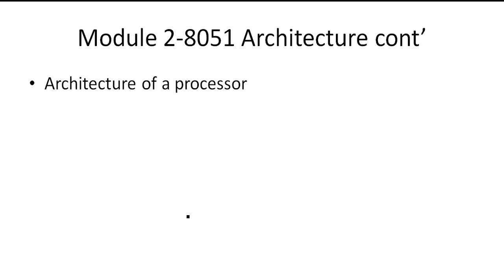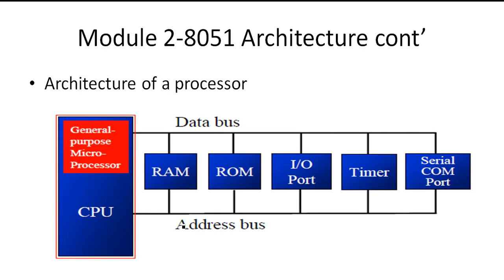Now, what is an architecture, or what is inside a processor? This is the simplest representation of a processor, where we have a CPU. In a general purpose microprocessor, the CPU is the Central Processing Unit. You might have learned in class or semester 1 the representation of a general purpose computer. We have a microprocessor here, and the microprocessor itself is not able to perform any function unless it is supported with extra components.